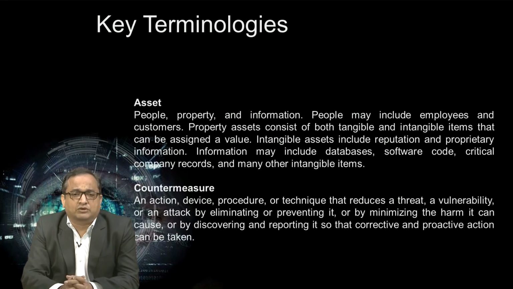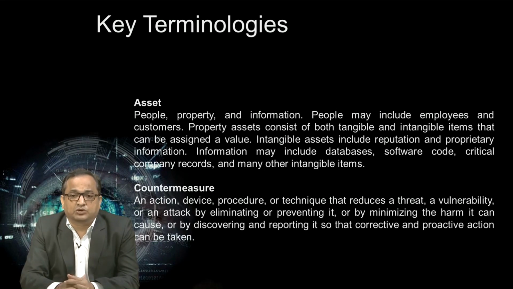Now, let's talk about the assets in terms of cyberspace: people, property and information. So, these are the three key assets in terms of cyberspace. People may include employee and customers. Property assets consist of both tangible and intangible items that can be assigned a value.